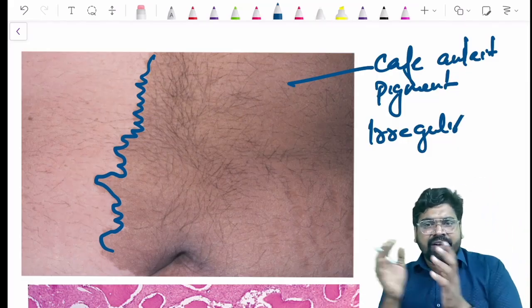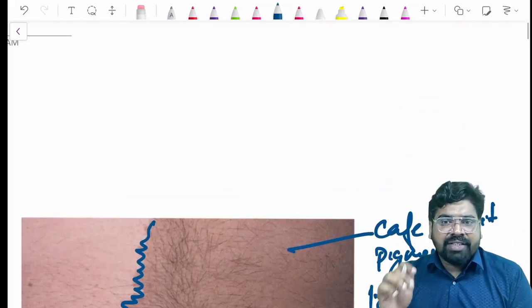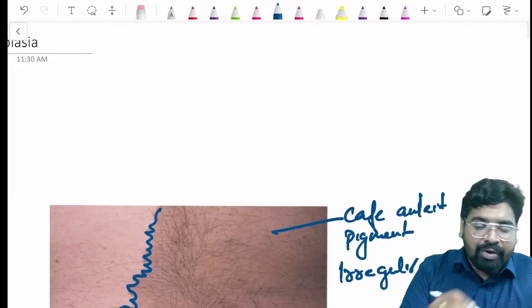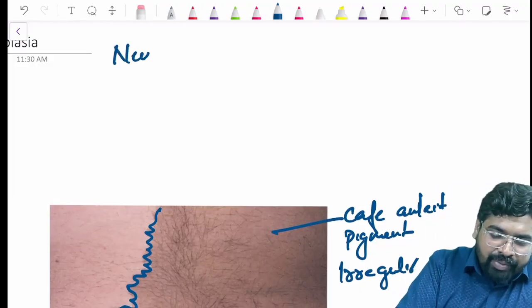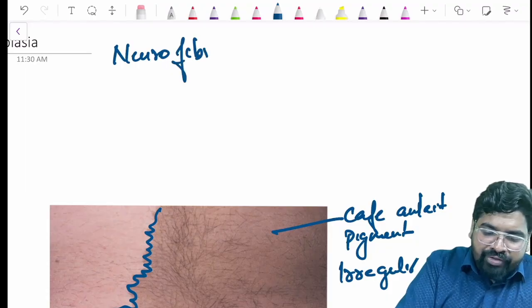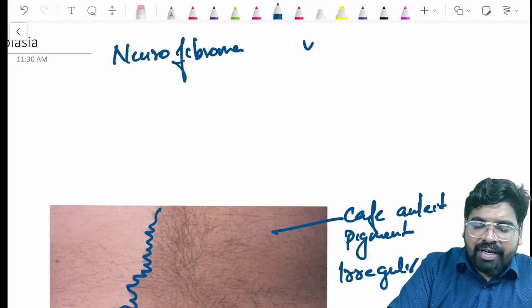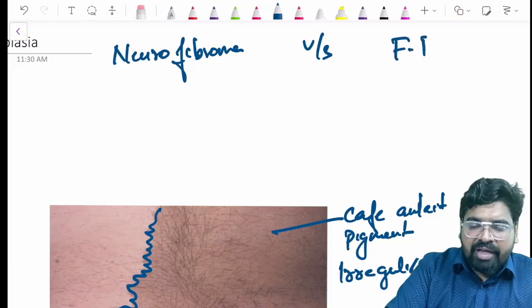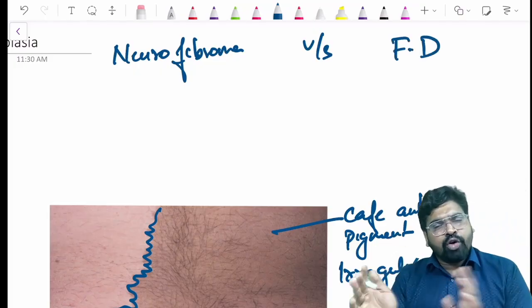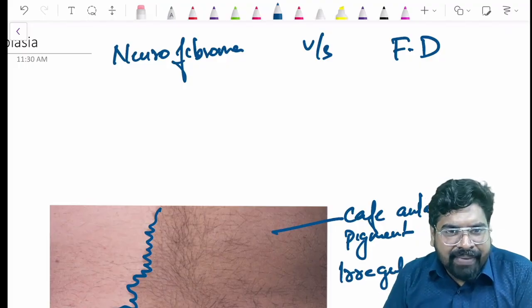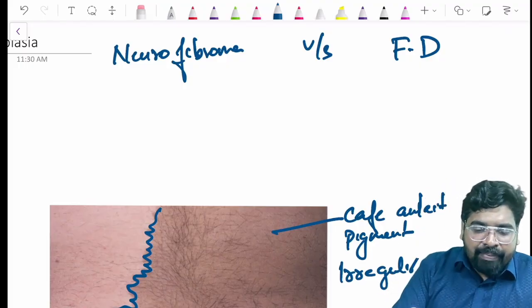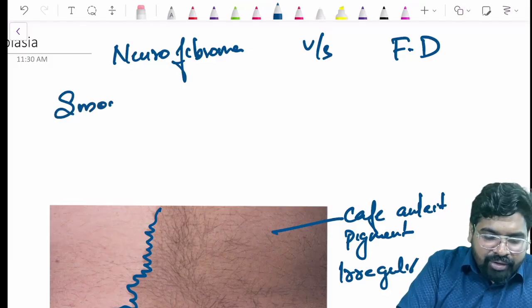Now there is a question regarding this café-au-lait pigmentation. There are two conditions where you can see café-au-lait pigmentation. One is neurofibroma, and also in fibrous dysplasia you can see café-au-lait pigmentation. In both places you can see it, but in neurofibroma the pigmentation will have a smooth border.